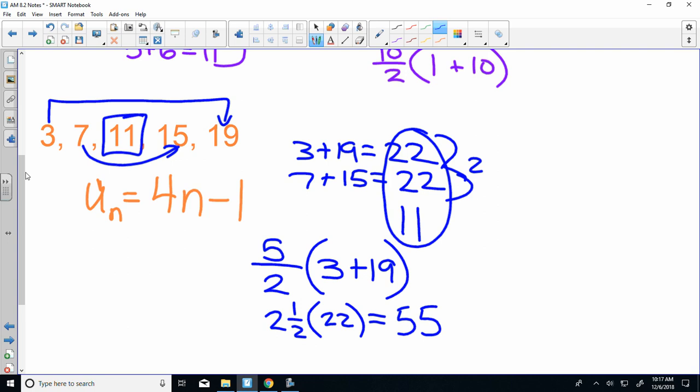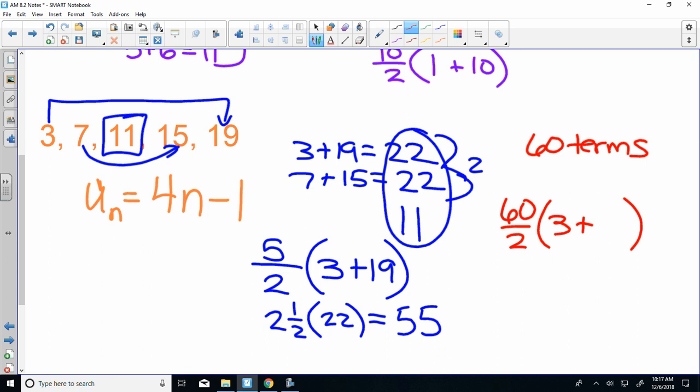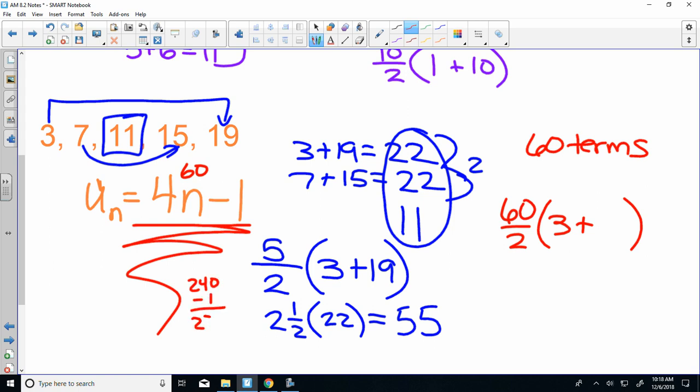Now then, if we wanted to find the sum of the first, let's say, 60 terms, do the same thing. So then we would have 60 over 2. The first term is 3 plus, and now we have to find the 60th term. Well, how do you find the 60th term? That's where this comes into play. So if you substitute a 60 for that, 60 times 4 is 240 minus 1 is 239.